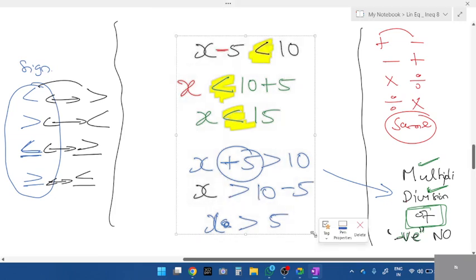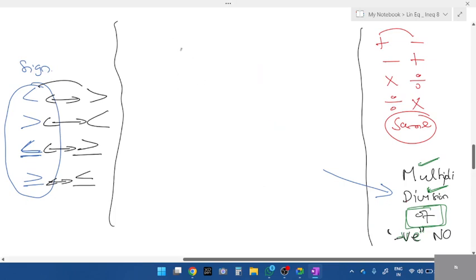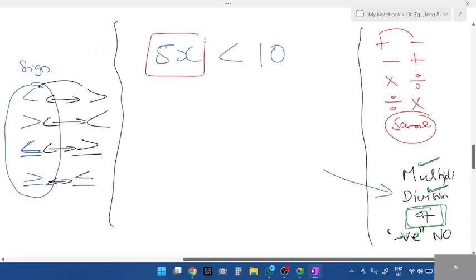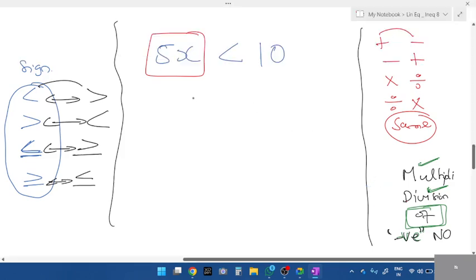Now multiplication and division, most important part. Multiplication and division. 5x less than 10. How are these two related? What is the sign in between 5 and x? Very good. Multiplication. So what happens for multiplication and division?